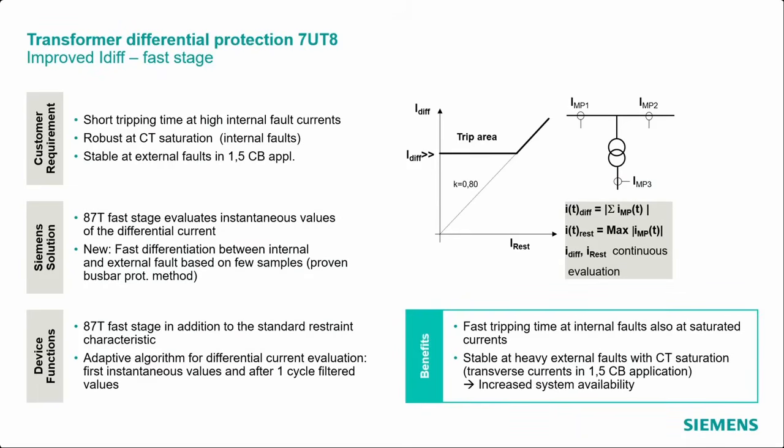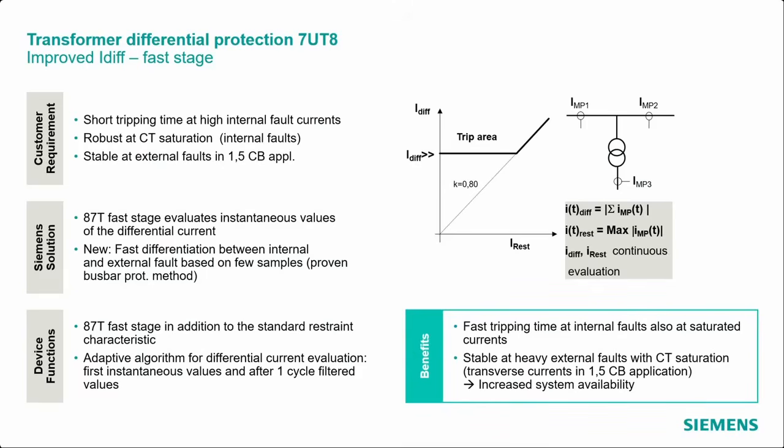instantaneous method, and also you see here on the right side that the characteristic is now changing. So that means our characteristic has now a slope, and the new fast differential algorithm can distinguish between internal and external faults on few samples. And this is of course what I explained to you. This is proven from the busbar protection, and due to the fact that the characteristic is now changing, we can also bring the characteristic a little bit more down.